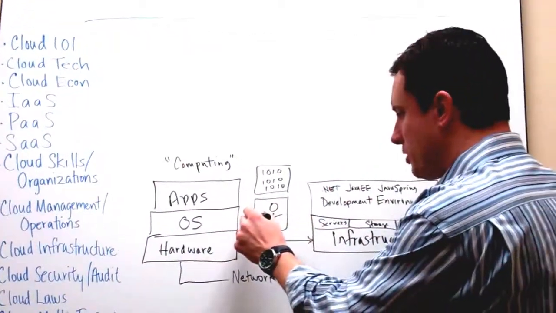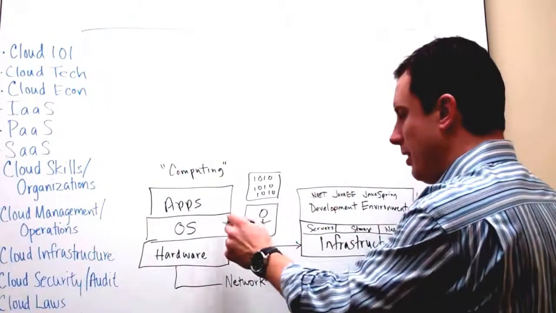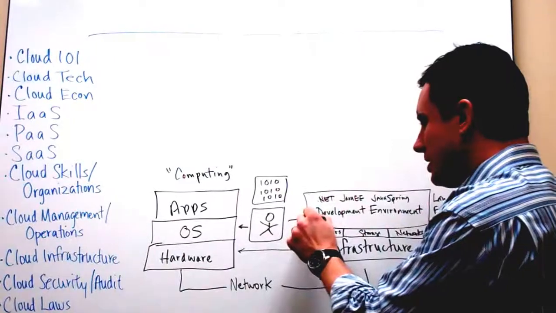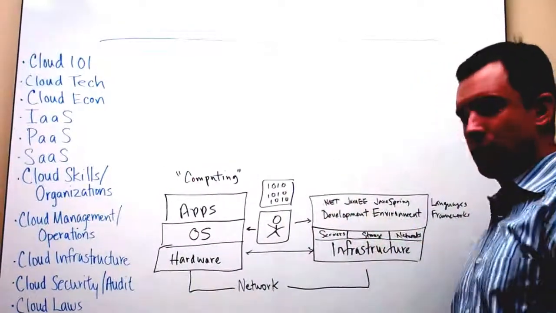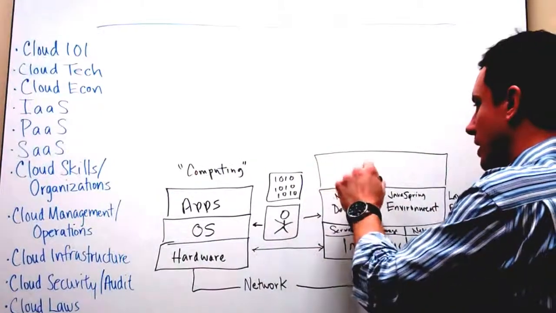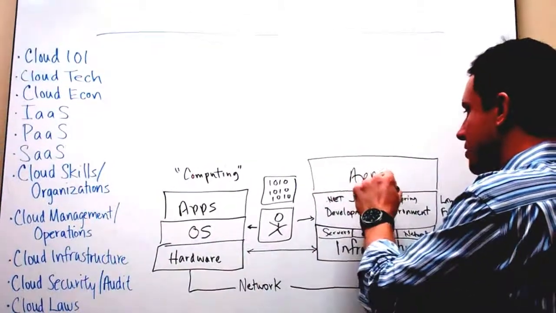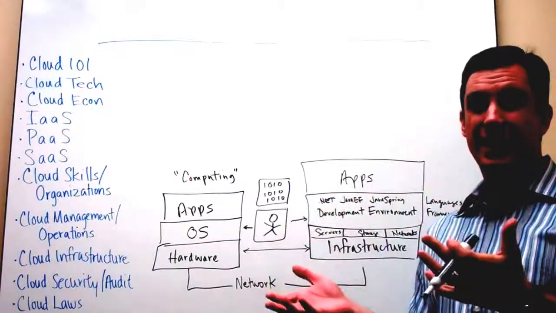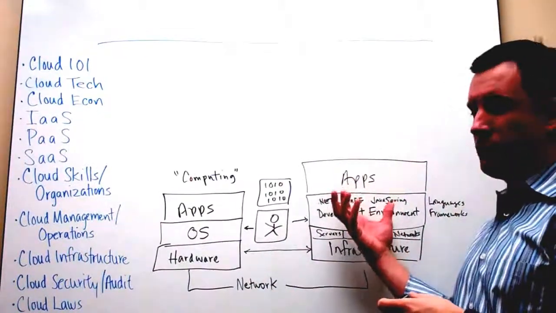That draws a correlation between the operating system, again, being able to manage what happens with our applications, and how we deal with the underlying resources. Okay? And then the third thing we have within any cloud computing environment is the applications. These applications could be legacy applications that have been ported to these new environments.